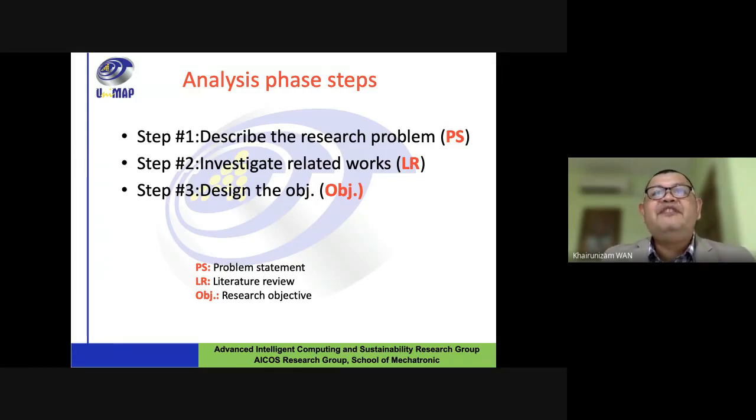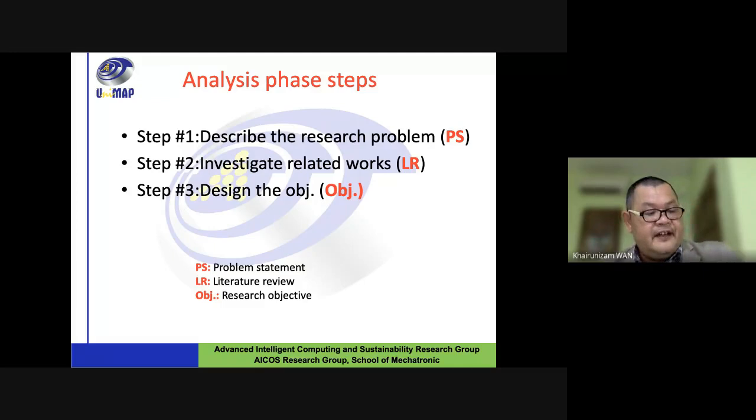When you write a report or thesis, it will become a good thesis. That's why the analysis phase is very important. If your problem statement is not good, your objective is also not good, the experiment that you design is not good, the result that you obtain is not good, and lastly the thesis that you produce is not a good thesis. If your thesis is not good, you cannot get a good grade for the final year project.